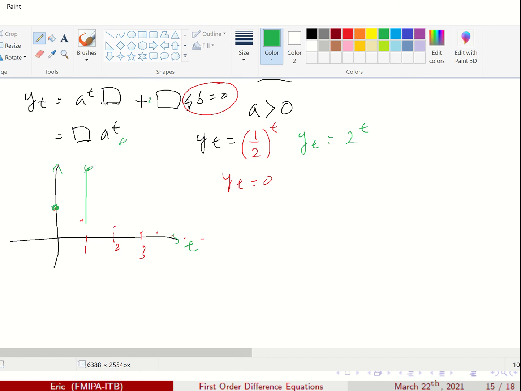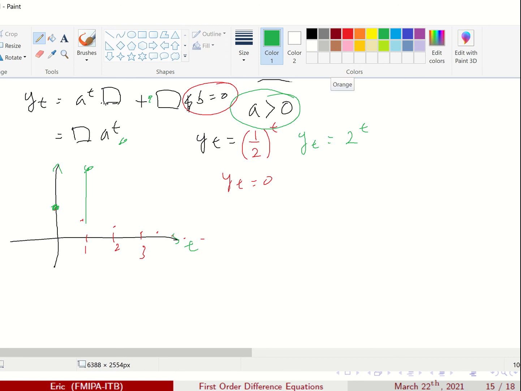So it will go in this trend. It will monotonically go up or monotonically go down, monotonically increasing or monotonically decreasing. So if a is greater than 0, you have a monotone sequence. Your number should be increasing or decreasing.